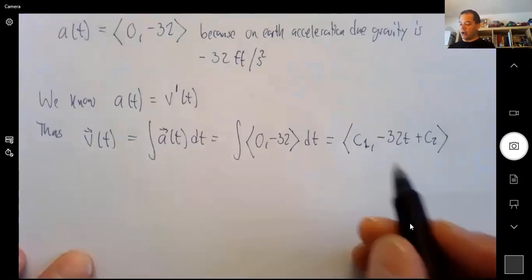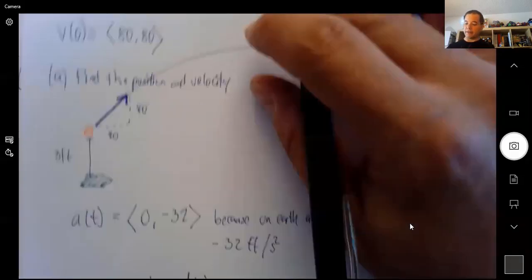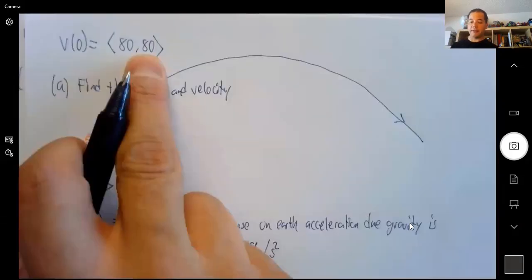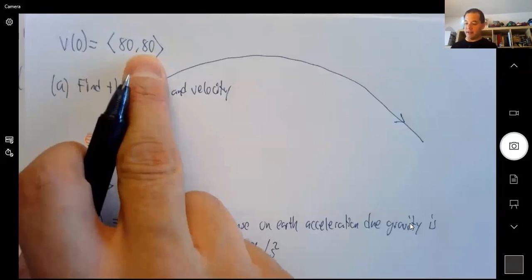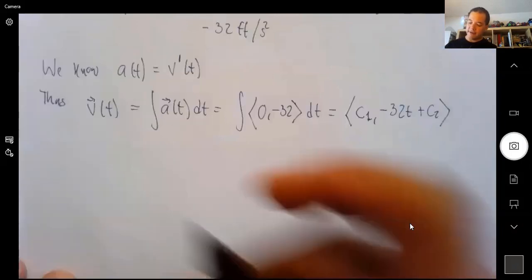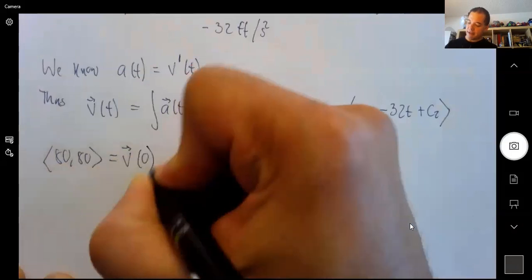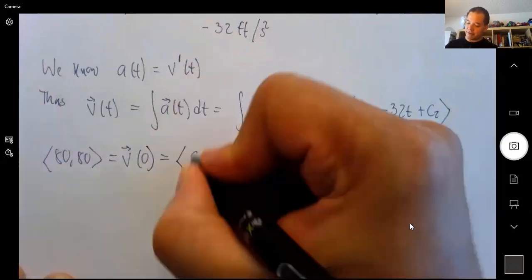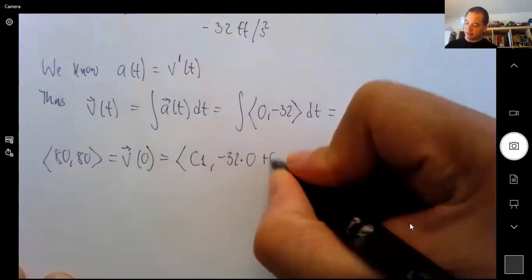Now to figure out the constants, we can use the original velocity. So remember at the top of our page, we had that at 0, at the beginning, we hit the ball with 80 and 80, right? So 80, 80 is v of 0. And so v of 0 is c1 minus 32 times 0 plus c2.